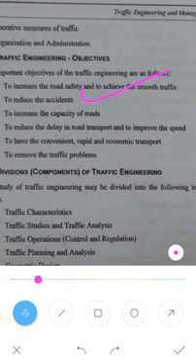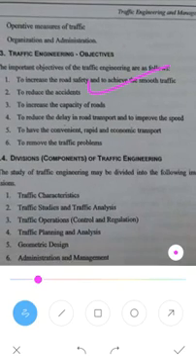Another important objective is that it should be very convenient. When there is vehicle movement on the road, it should be convenient, so that you can reach any medical emergency, and a restaurant should be available very near. Also, transportation should be economical, meaning the cost per travel should be very low, not very high.